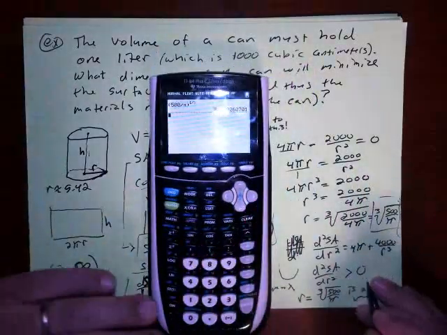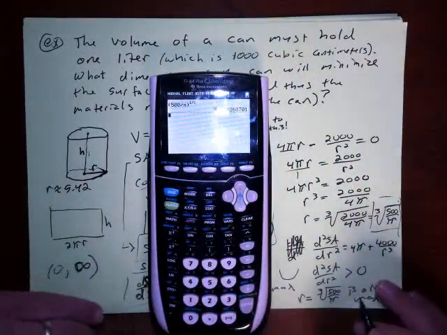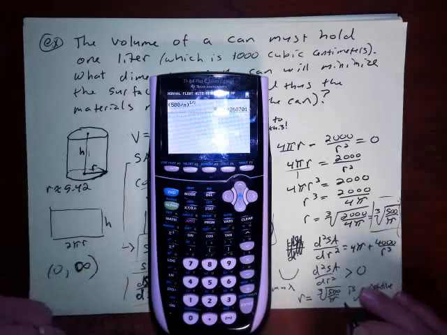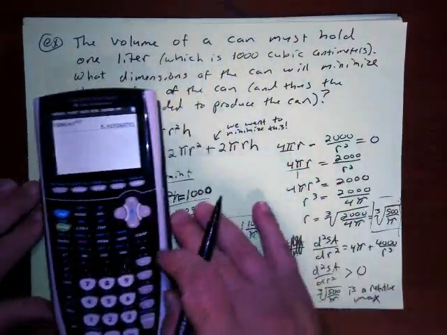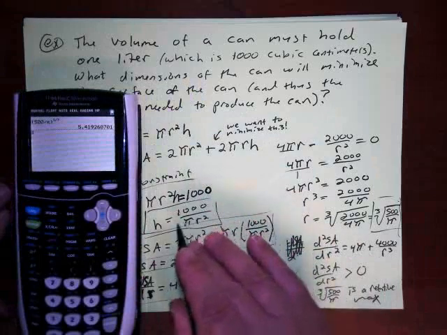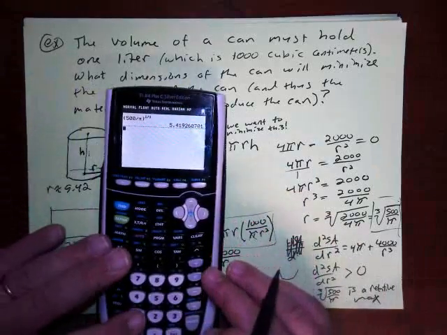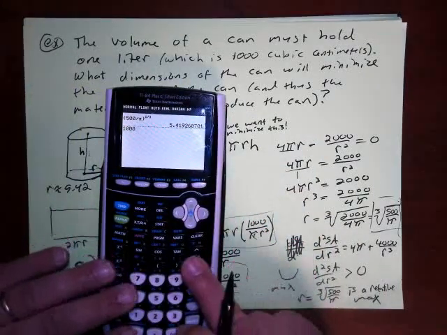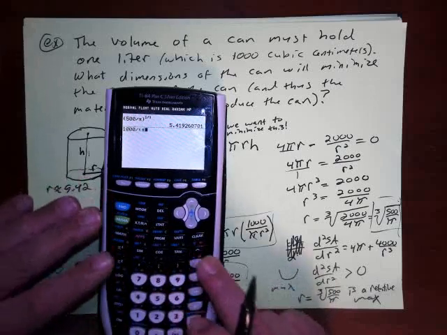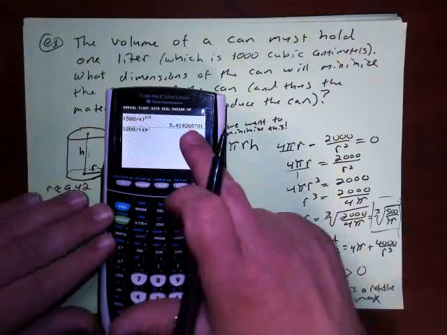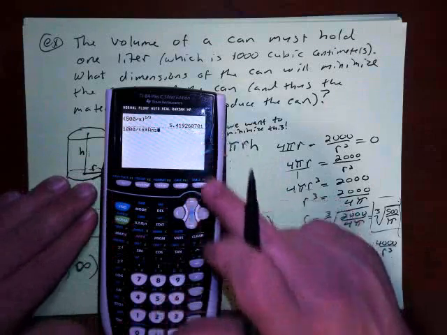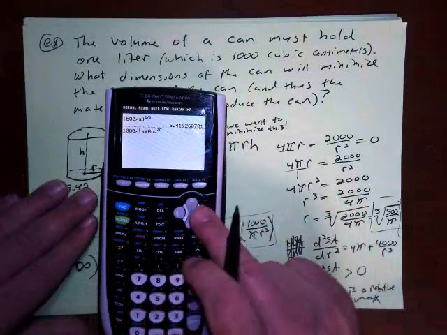And now I'm going to put this into the formula for my h, which is 1,000 divided by pi times my answer squared. I'm going to use my answer button squared.